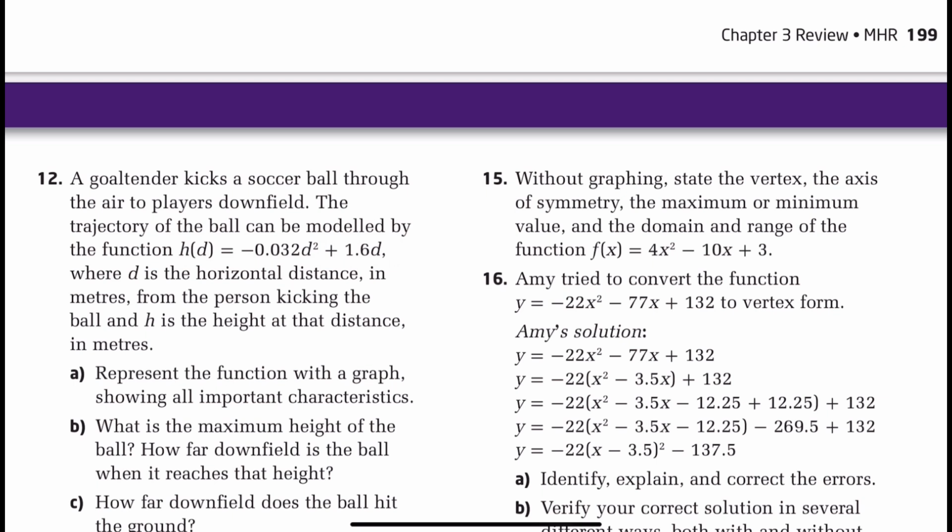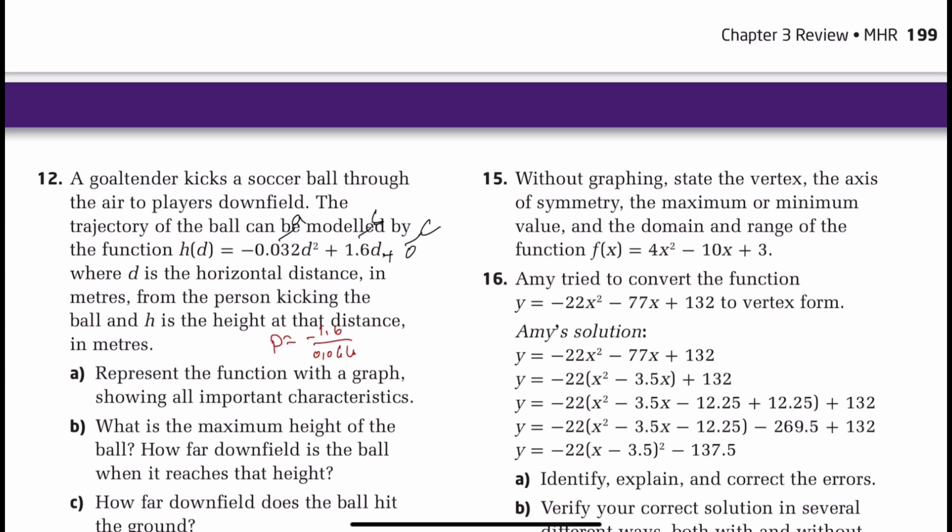This is plus C, so my P is minus B over 2A, and this is my A, this is B, and C is equal to 0, and this is my C. So my P is equal to minus B over 2A, so minus B is minus 1.6 over 2A, 2 times this, which will be 0.064.